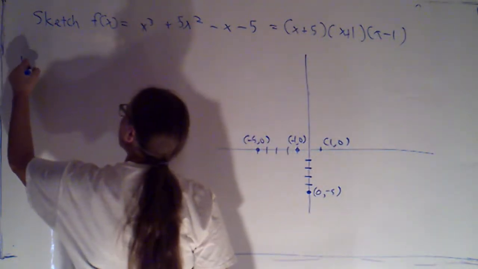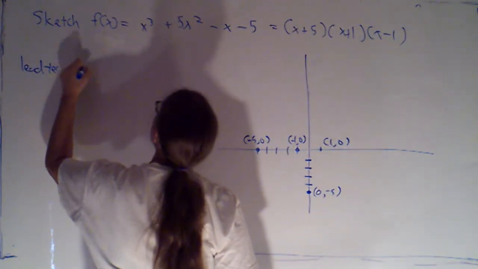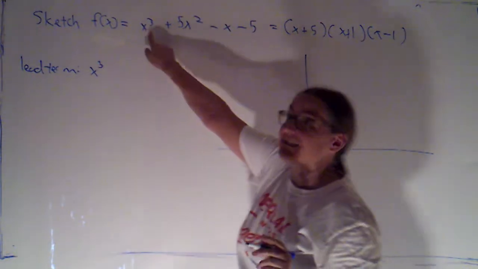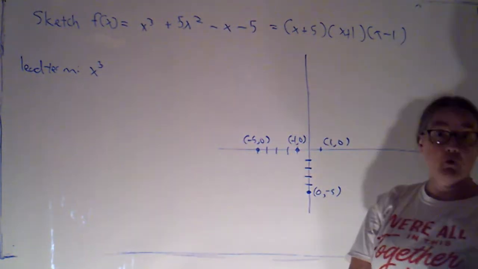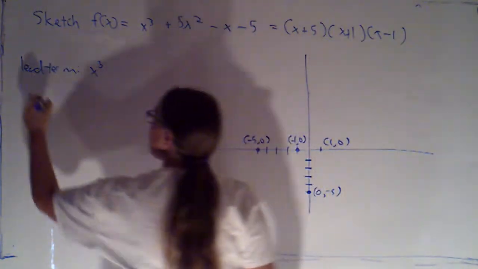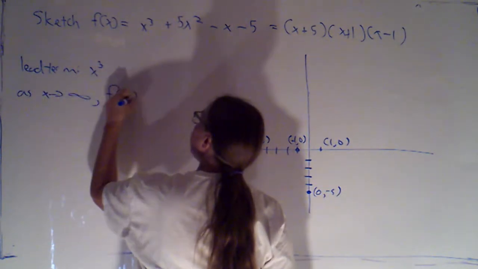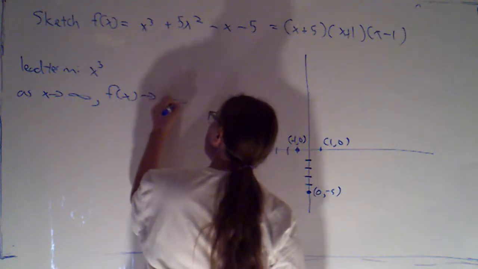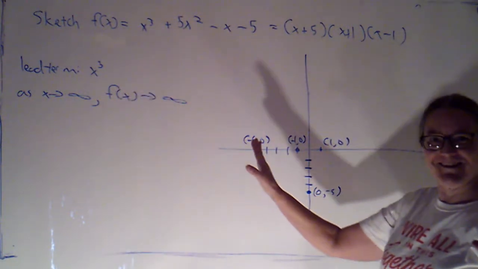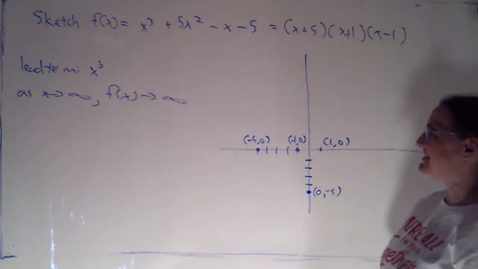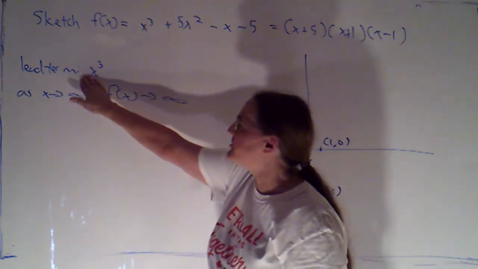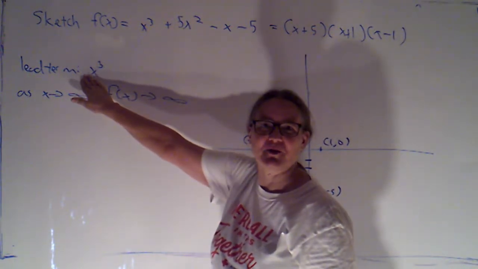So I'm going to start with the end behavior. So the lead term, well, that's just x cubed. Easiest to spot that from the version we had before we factored it. So now I can say that as x goes to infinity, f of x is going to go to infinity, because all power functions go to infinity when you plug in something big and positive, unless you've multiplied by a negative coefficient, which we haven't.